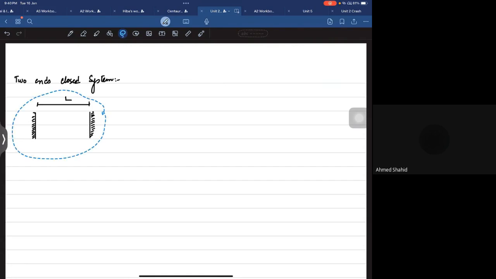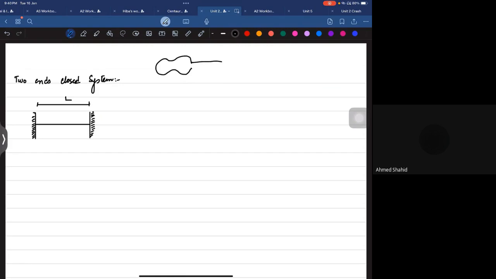Let me just copy this because I need that. And then we have put a string like that. Do you guys understand that? It's just like the system of a guitar. If you've seen a guitar, I'm sure you have. So a guitar has strings attached here, and the other end of the strings is attached there, they're taut like that. So it's a closed system. Do you guys understand that?